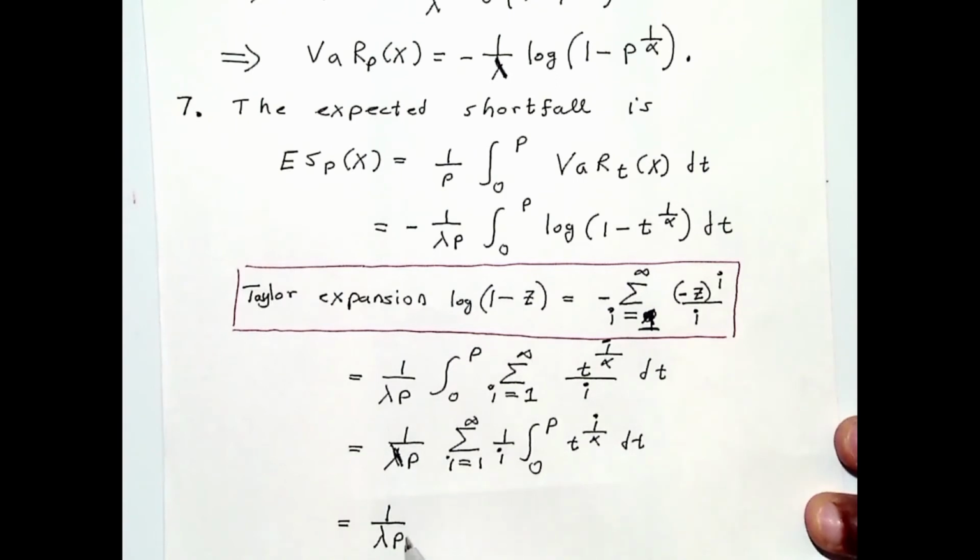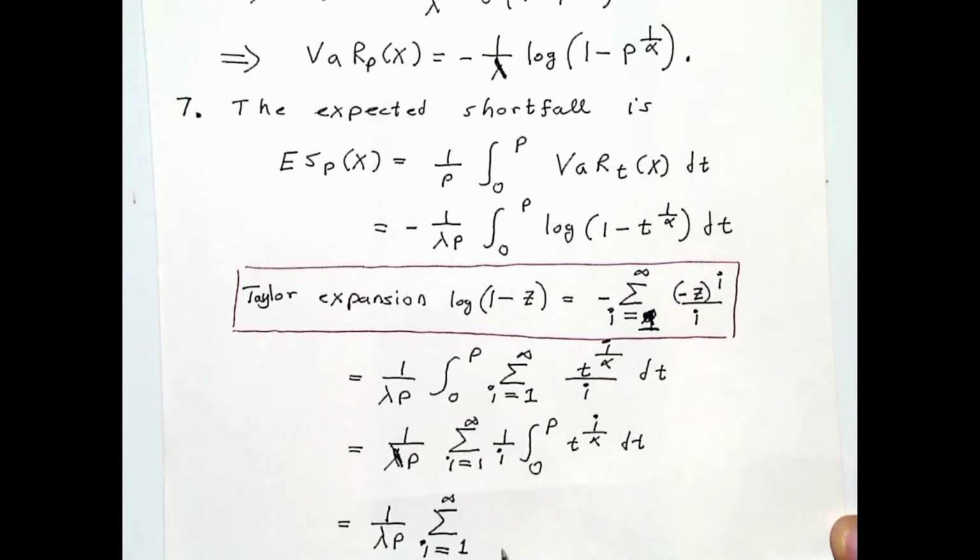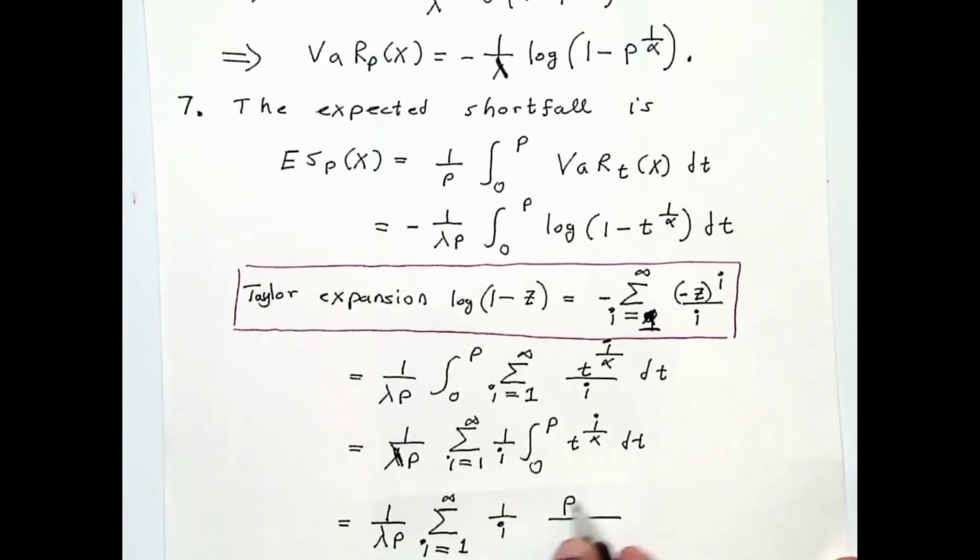I'll write it down straight away; I'm sure all of you know what it is. It's going to be 1 over i, p to the power i over alpha plus 1, over i over alpha plus 1.